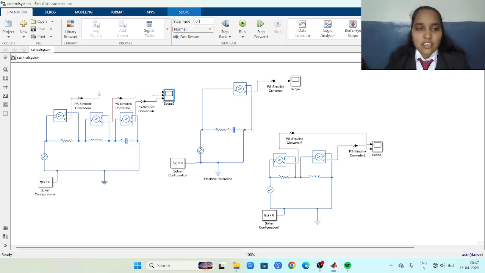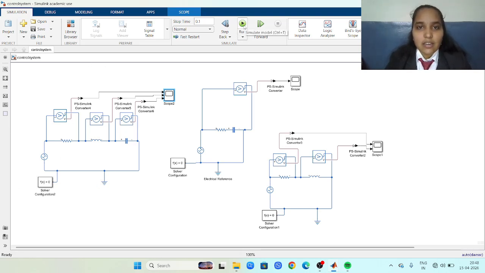We have connected a PS Simulink converter. It converts the physical signal into a Simulink signal to get the output in the scope. We also connect one solver configuration here. It helps us get accurate mathematical values for this whole RLC circuit.